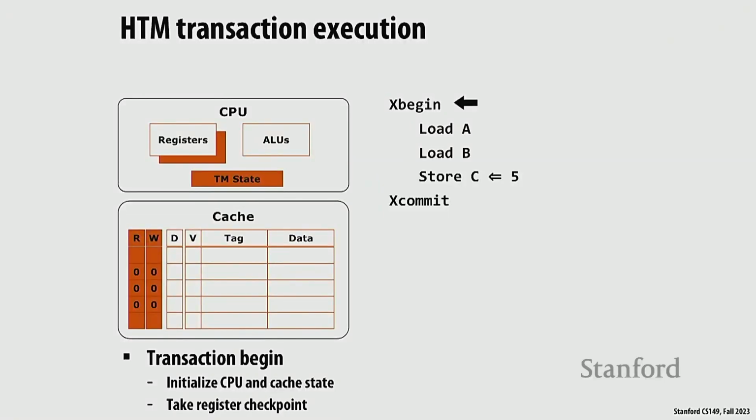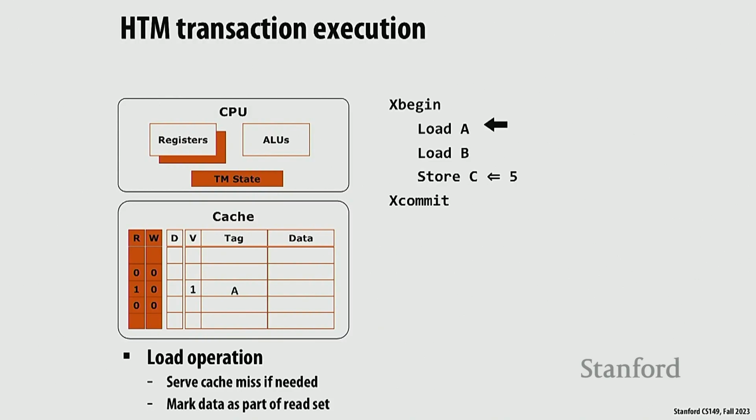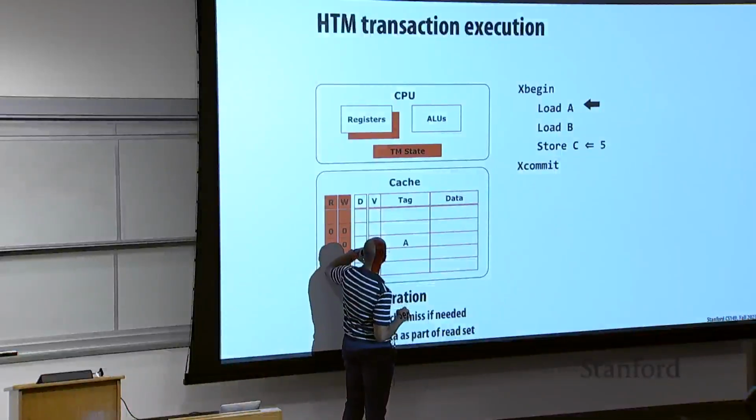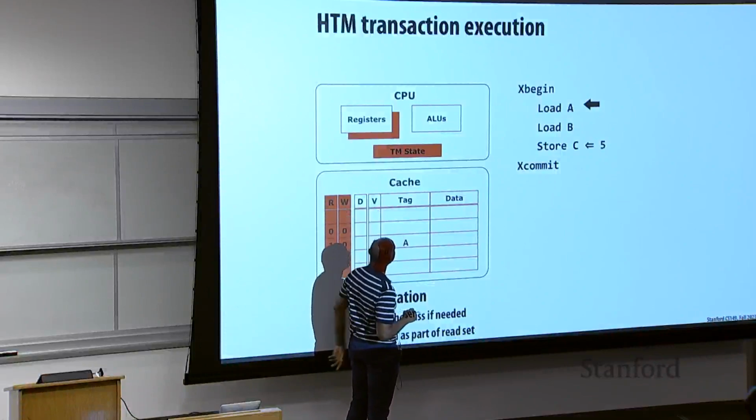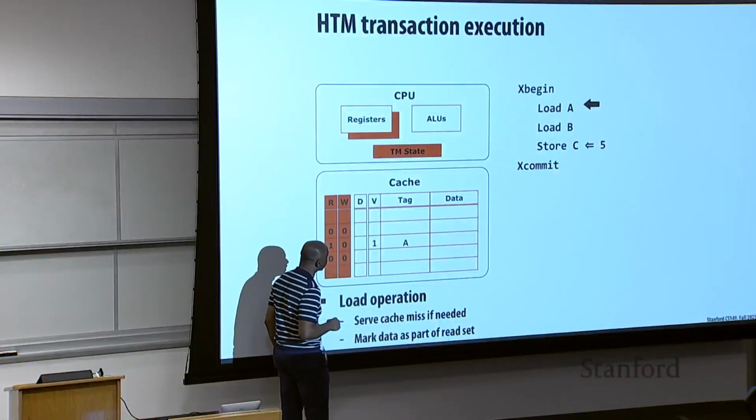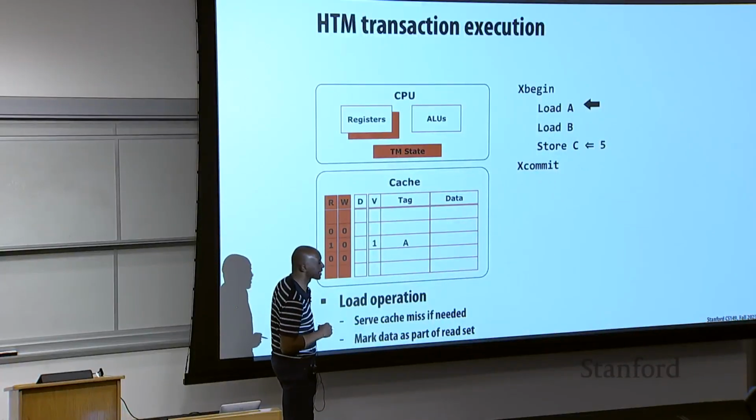Okay, so R says it's part of the read set, and W says it's part of the write set. Given an example now, this is a very simple transaction. It loads A and B and stores 5 to C, and then we commit. First thing that happens is we load A, and the cache line becomes valid. Let's assume, for the sake of simplicity, the cache line size is a single word.